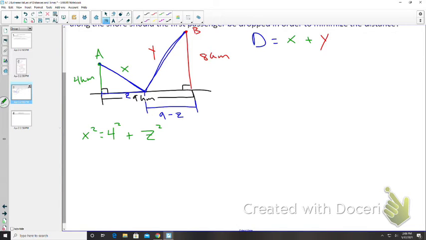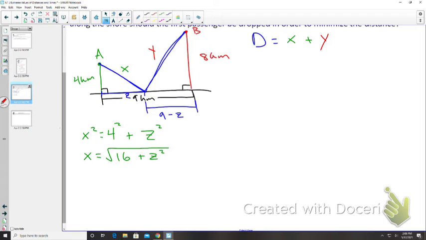Now let's solve for x. We'll take the square root of each side. So x is equal to the square root of 4 squared, which is 16, plus z squared. Don't simplify that any further, because it's going to help us take the derivative of this a little bit later on. So we've just solved for our x.